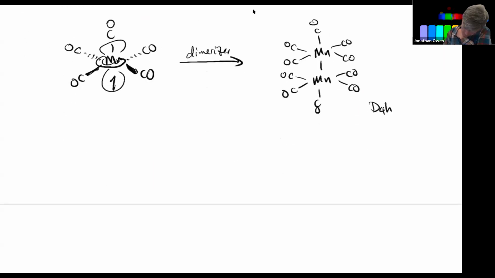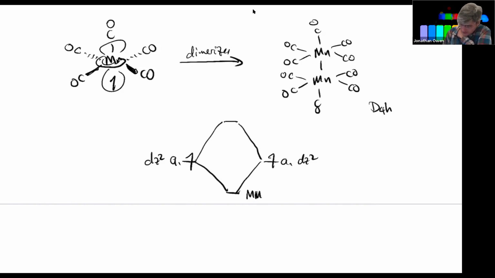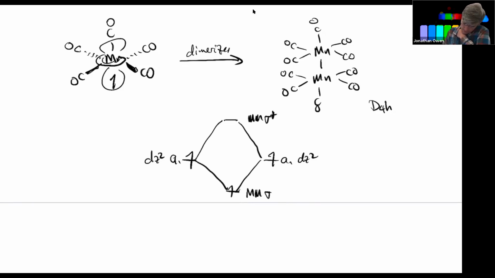So dz squared, this guy is A1 symmetry. And you make a metal-metal sigma bond and a metal-metal sigma star. 2 electrons down here. Oh, sorry.